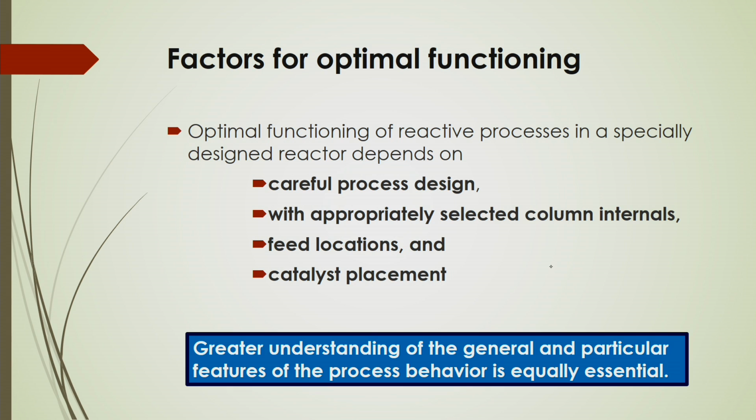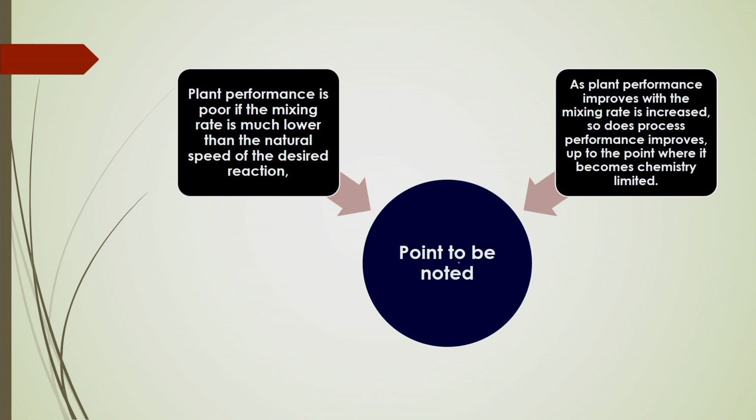For optimal functioning, process design, a point to be noted is that plant performance is poor if the mixing rate is much lower than the natural speed of the desired reaction. Also, as the mixing rate is increased, plant performance improves. So, process performance improves up to the point where it becomes chemistry related.